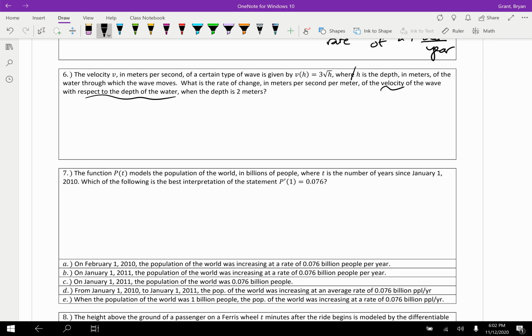They already told us the depth was h, so they want the rate of change of the velocity when the depth is 2 meters, so evaluated at h equals 2. d d what of velocity? They said with respect to the depth of the water, where h is the depth. So it's d dh of this guy.